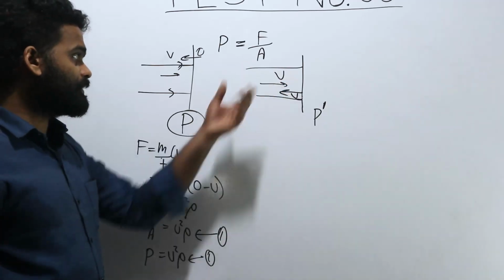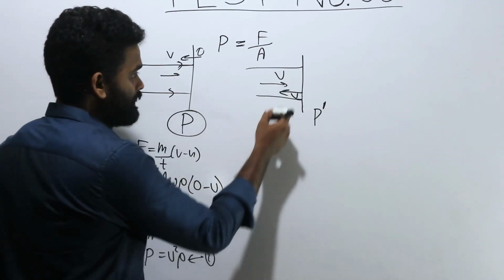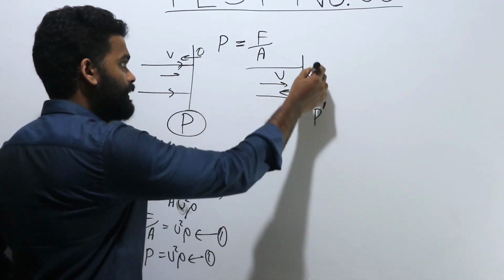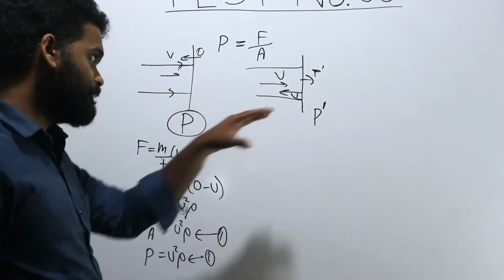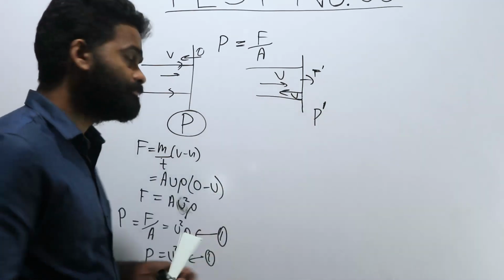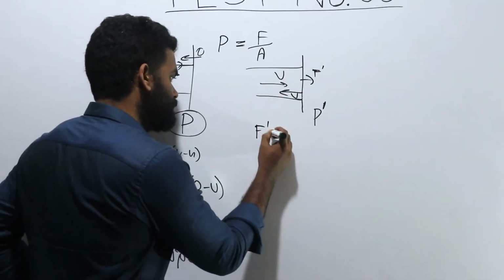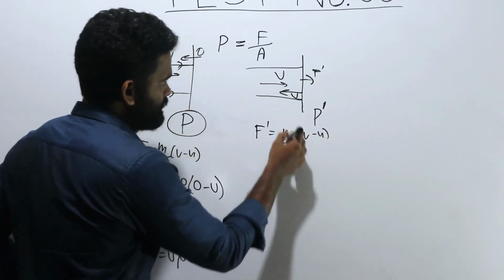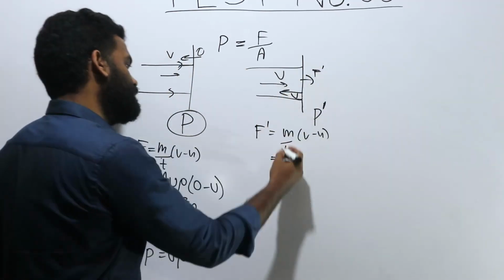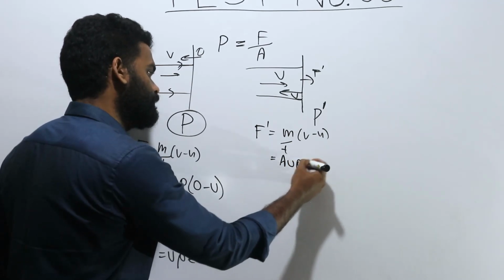Then I'm going to build the equation here. Here as well, you need to find the force applied on the wall due to the fluid flow. Just apply the same method. Here also, it has the same volume flow rate, so A V rho.